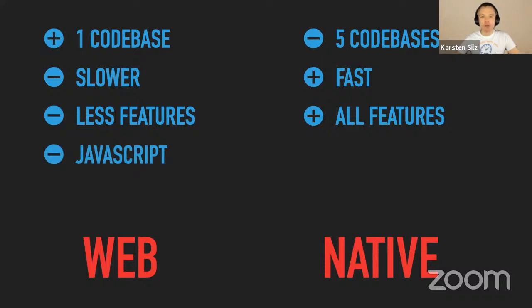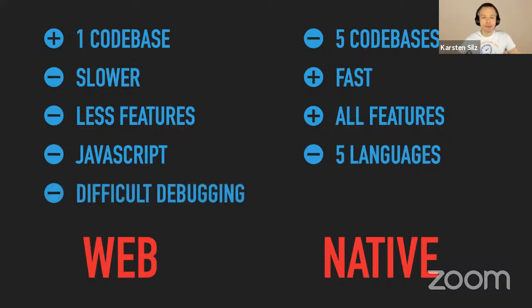With web, we have JavaScript, and as Java developers, we don't like JavaScript. It's not a really good language, at least not to us. We love our Java. But on native, it's actually worse. Now we have 5 different languages, and none of them is Java. That sucks. And the last thing is debugging. It's difficult on the web.